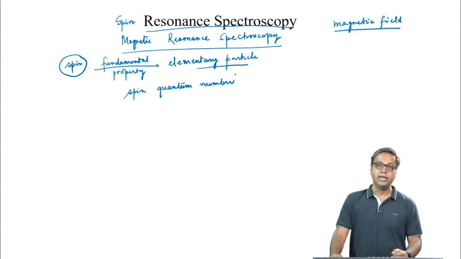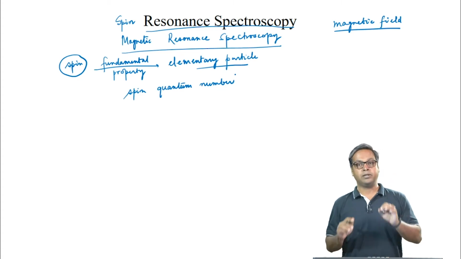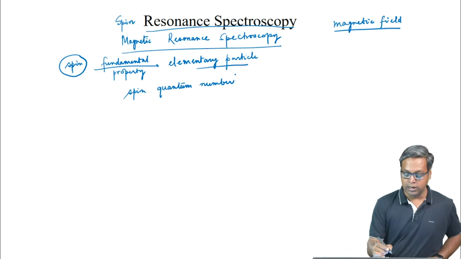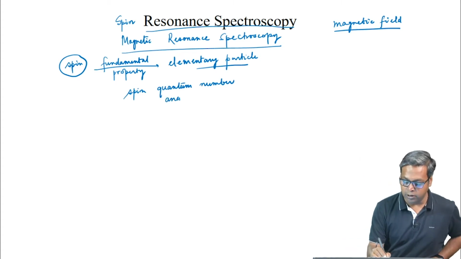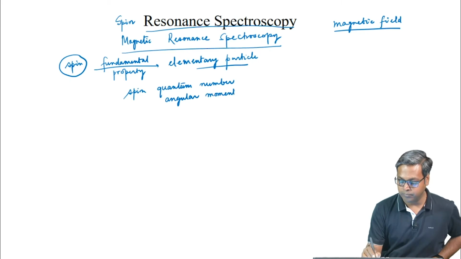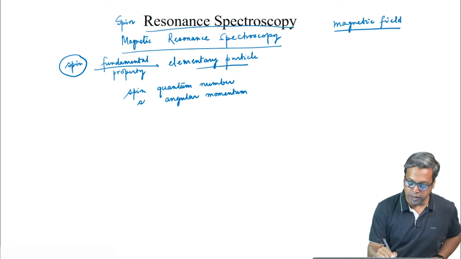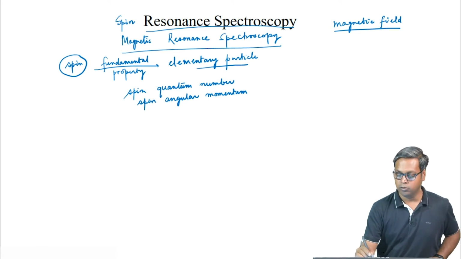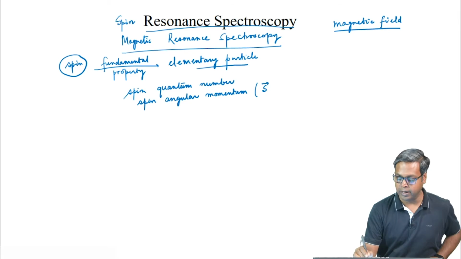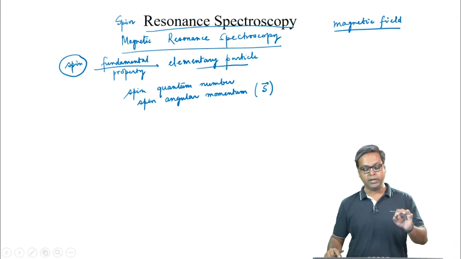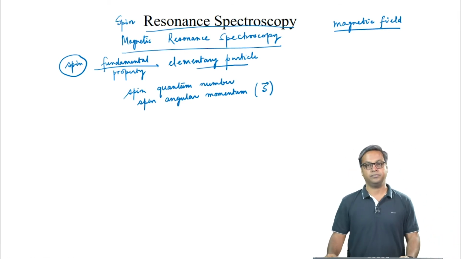So, the spin is manifested by the presence of an intrinsic angular momentum. In this case it is the spin angular momentum which is represented by capital S, and this spin angular momentum is a vector.